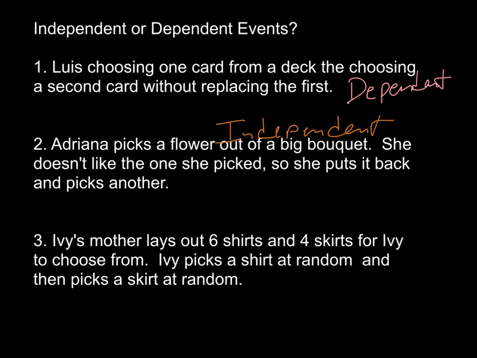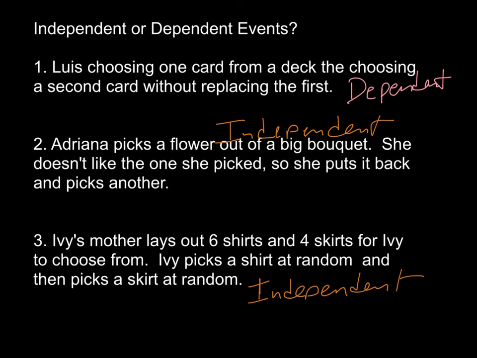Well, the number of skirt options available to her doesn't change when she picks a shirt, because she doesn't care how she matches. She's making her fashion statement this way. So one is not affecting the other. Therefore, these are independent events. One is not affecting the other.